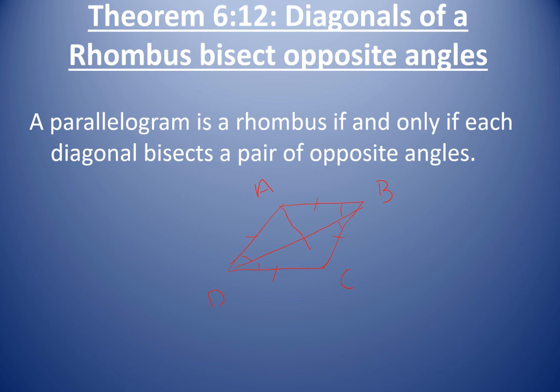Likewise, segment AC, that is congruent to that, and that is congruent to that. So basically, AC bisects angles A and C. Likewise, DB bisects angles B and D. Alright, so there's your 3 theorems.